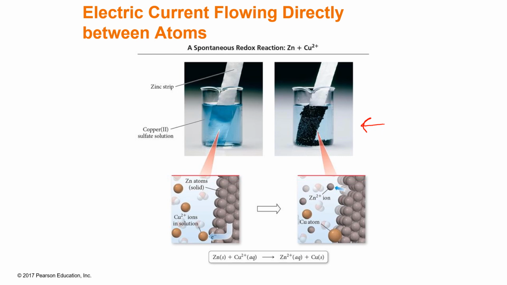So we get an electrical current flow. Now this is interesting, but not as helpful or useful as if we can gather those electrons and allow them to do some work for us.